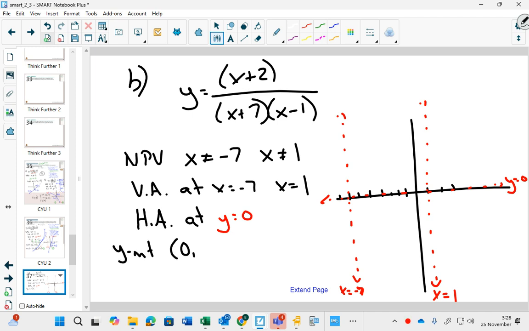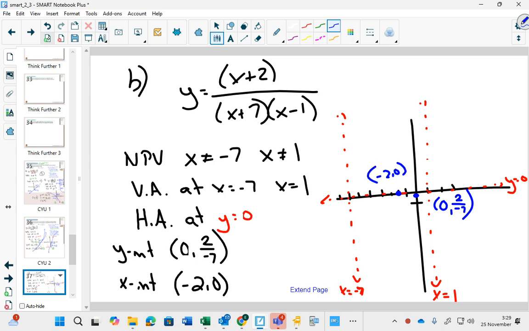Y-intercept at 0, 2 over -7. And x-intercept at -2, 0, which again feels a little bit weird because it's on the asymptote, but that's okay.